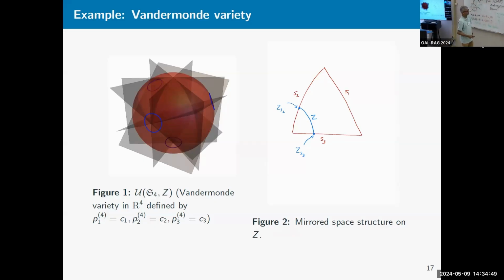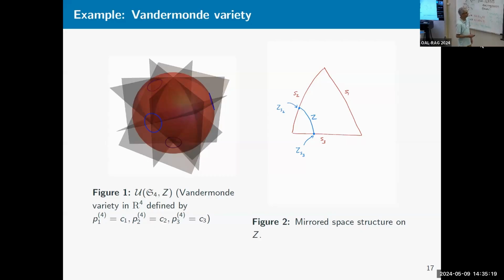So, of course, I can't draw a picture in R4. This one is a hyperplane, right? And inside this hyperplane, that's a 3-dimensional thing, we have a sphere. That's a 2-dimensional sphere. And these 3 equations now define a curve in this 2-dimensional sphere, and this curve is shown in blue.